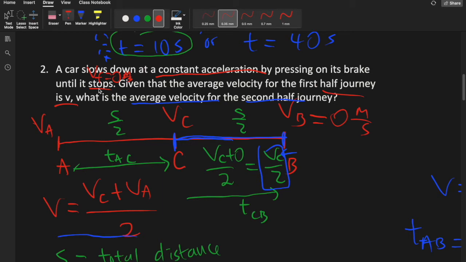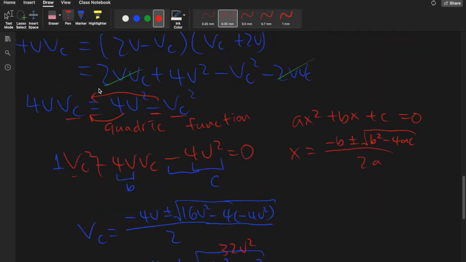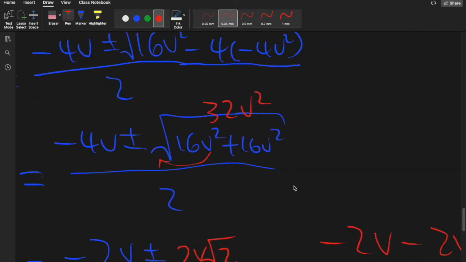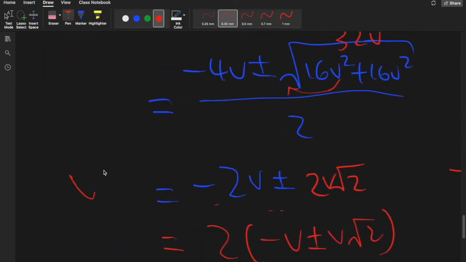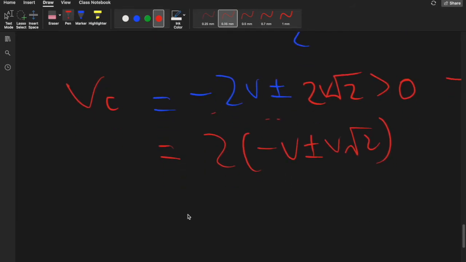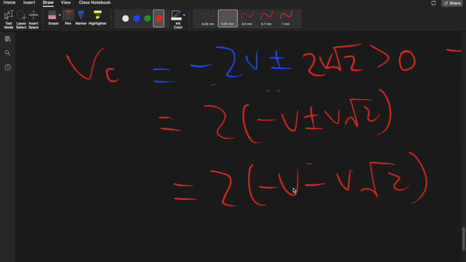So if the velocity is going to be negative, it will move back, which is not what the question is telling us, right? So go back to this equation. We know here VC has to be greater than 0, right? So here has to be a plus sign, so plus V times the square root of 2, right?